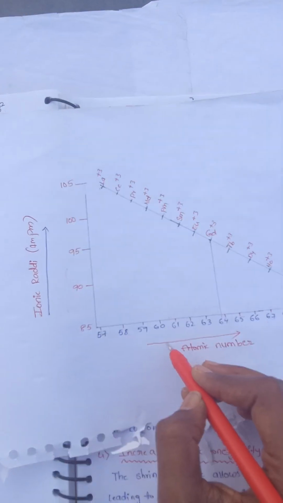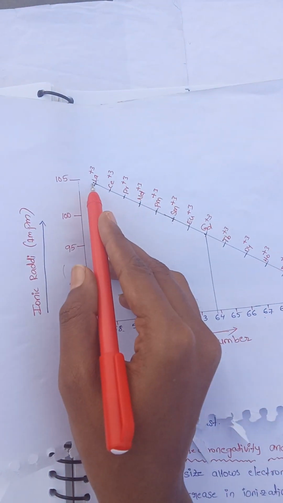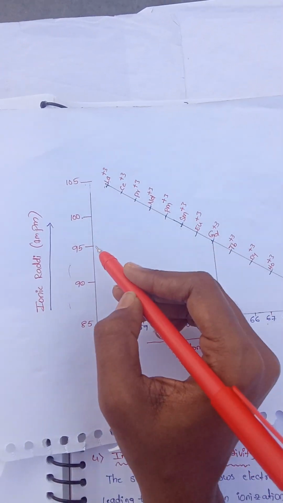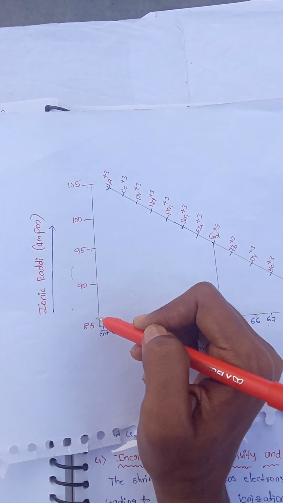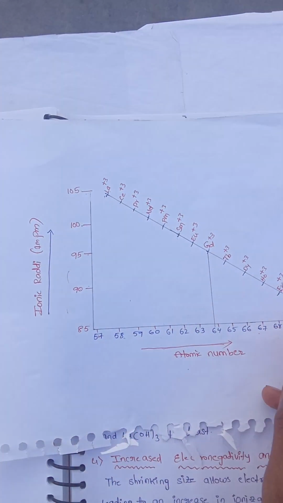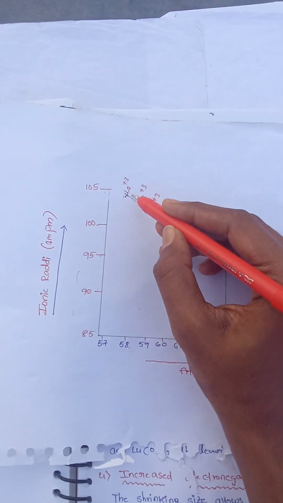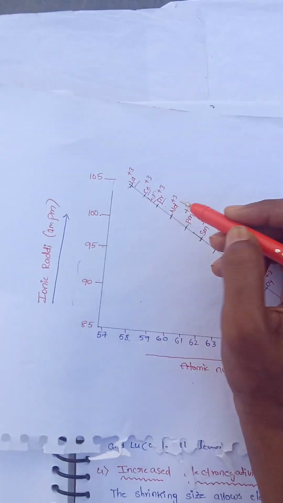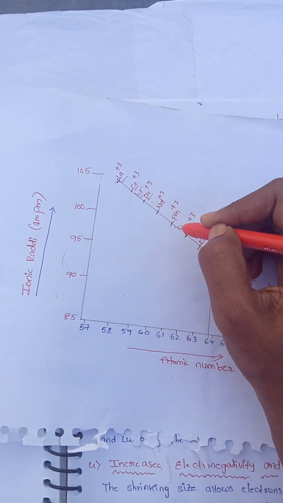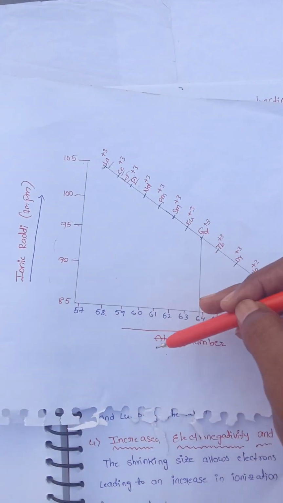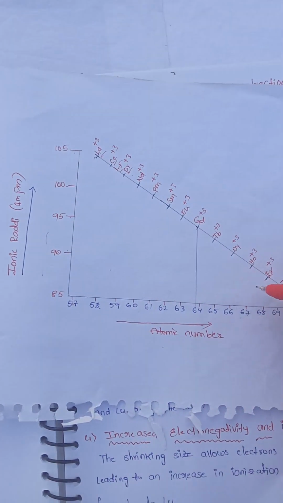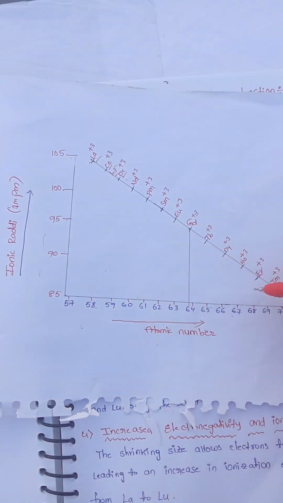So when atomic number increases, ionic radii decreases, from 105 to 100, 100 to 95, 95 to 90. So the radii decreases. That means lanthanum, cerium, praseodymium each have a 1.5 difference. So when atomic number increases, radii decreases from 105 to 85.